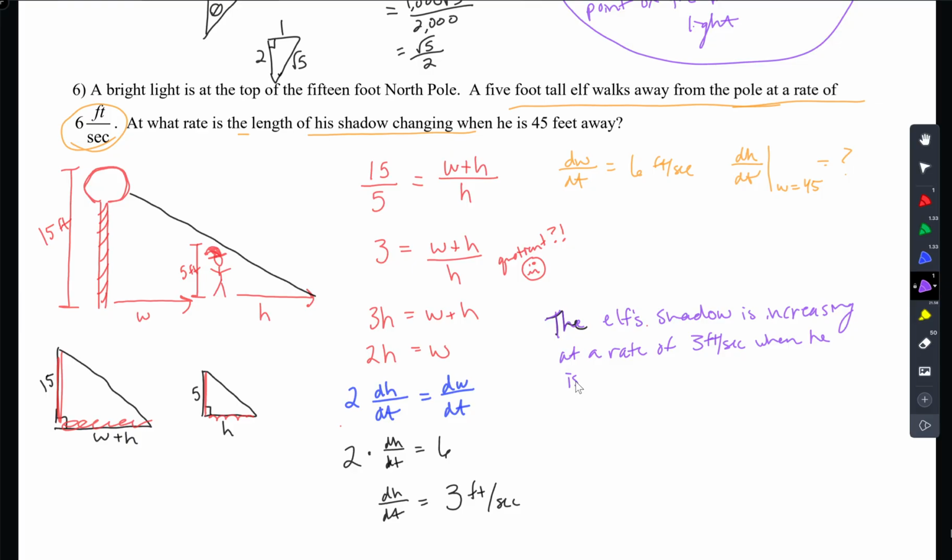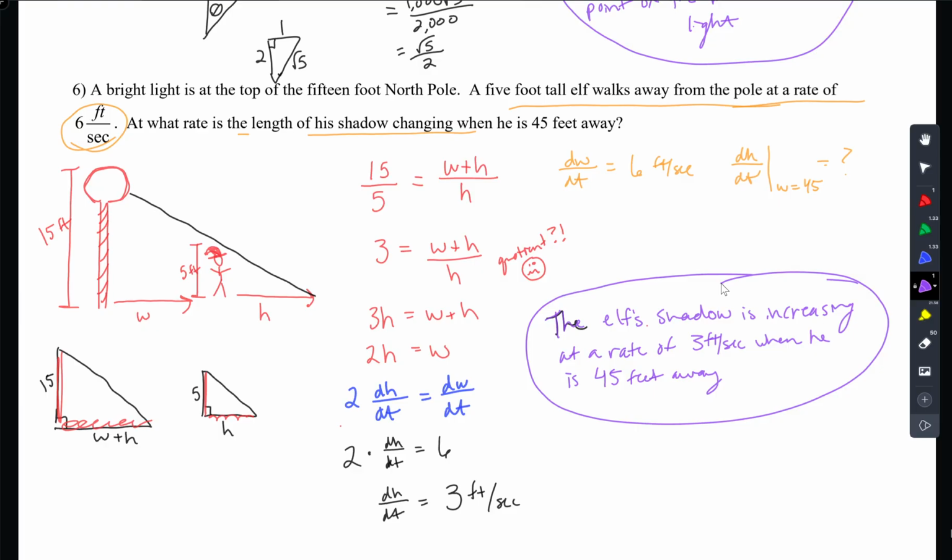Well, he could have hair. Okay, whatever. He is 45 feet away. So there you go.